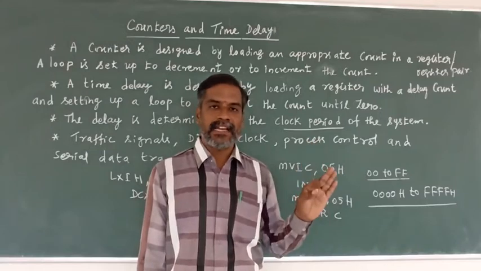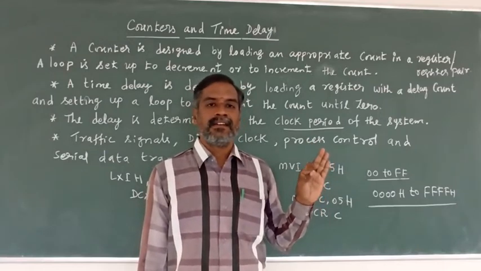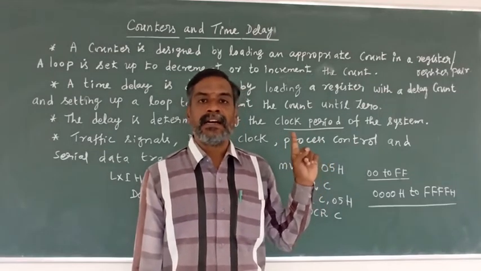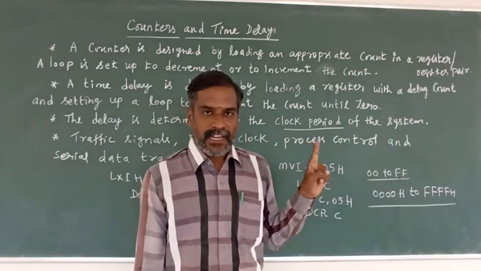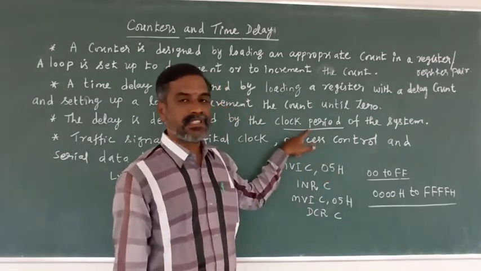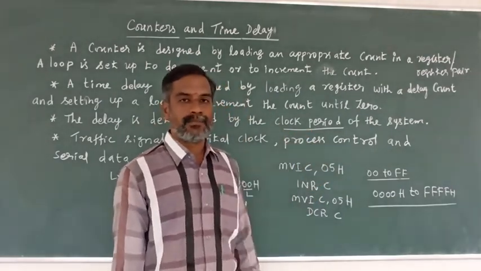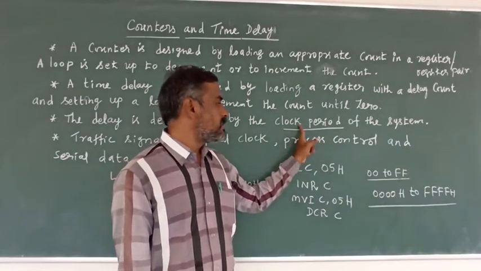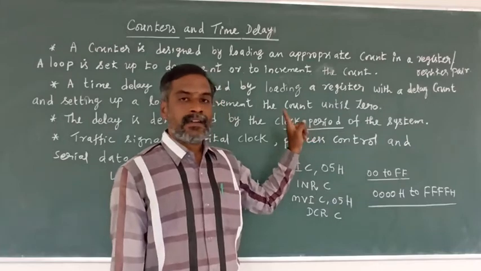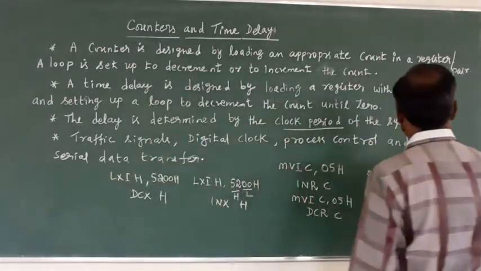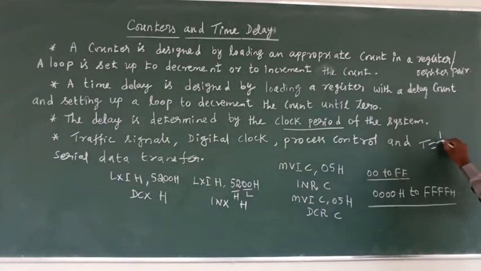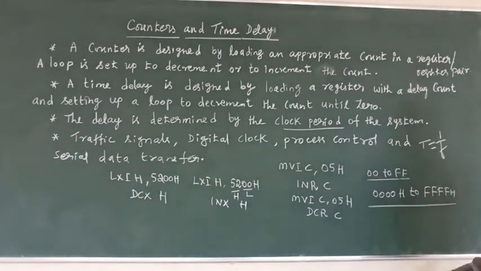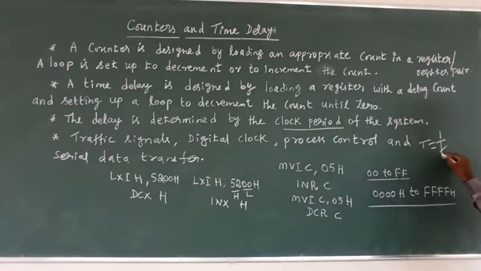Depending upon the clock frequency, the microprocessor will run the program. Now to find the clock period, time equals 1 by f, that is, 1 by frequency.